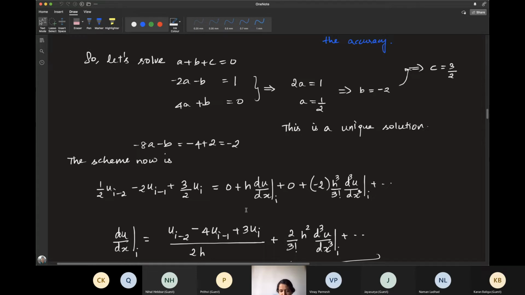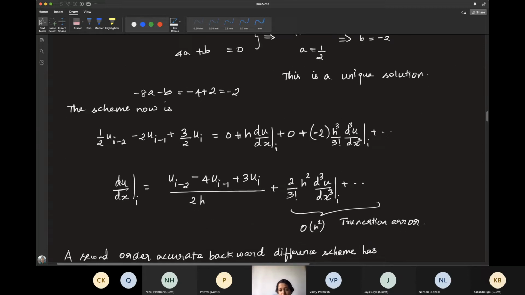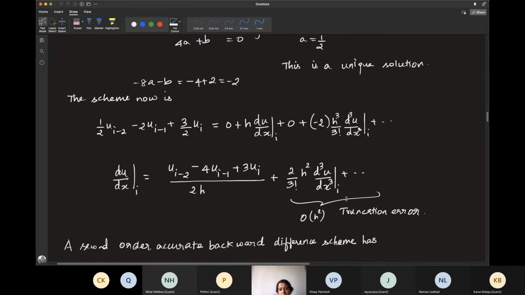So this term is 0. And here minus 2a minus b is 1, so we have kept it as such. The next term we have made 0 by taking 4a plus b equals 0. And for the next term we have the coefficient minus 2 over here. Now if you take du by dx on the other side and you find the expression, you get this difference operator for du by dx, and you get this as the truncation error.